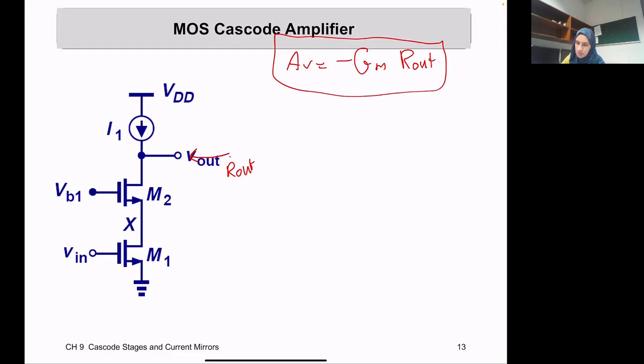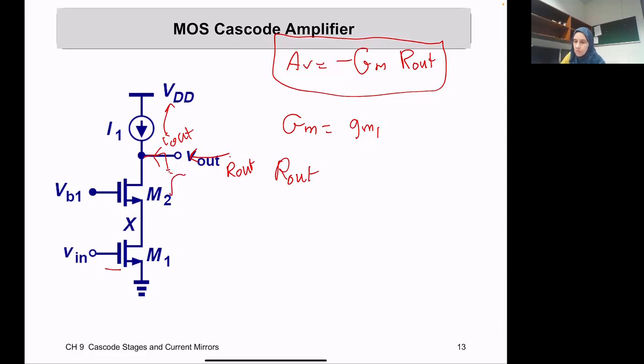We can prove that it's a similar thing to what we did before. We need to short the output, find the I out over Vn, and it will end up equal to the small gm of transistor M1 because it's coming from here. I mean, you can do the proof that this is correct. And for the R out, since up we are seeing an ideal current source, it will have an infinite impedance.